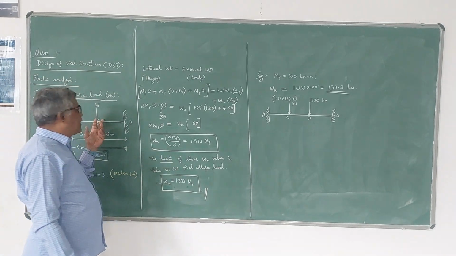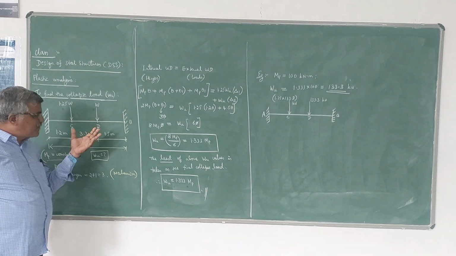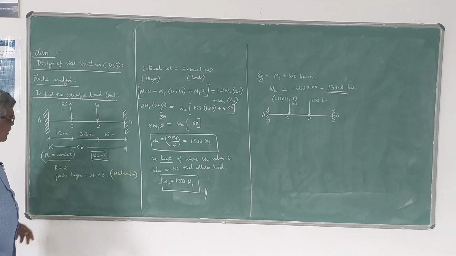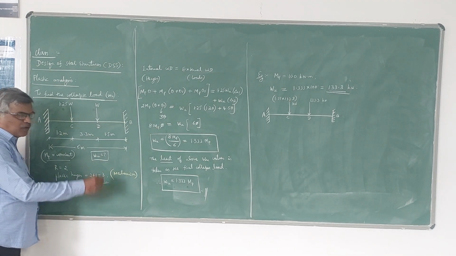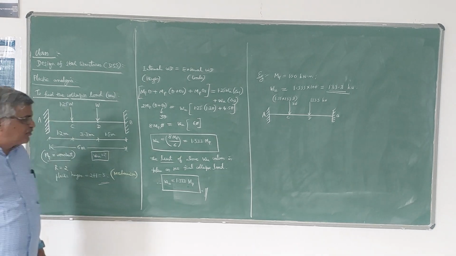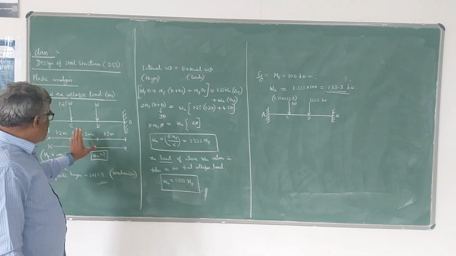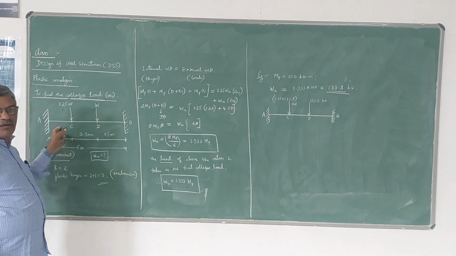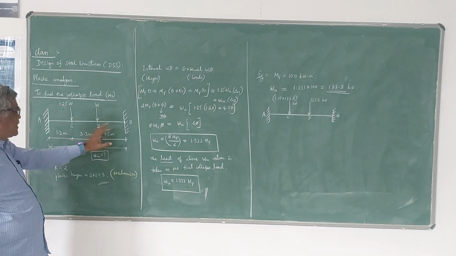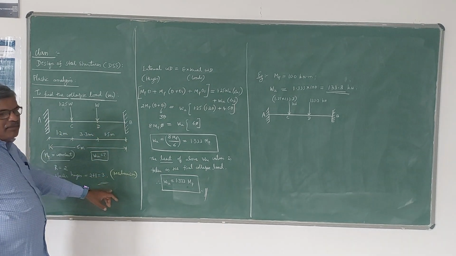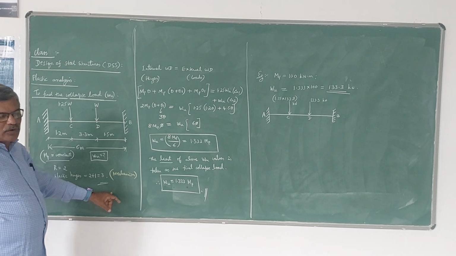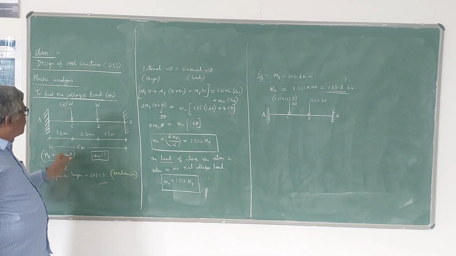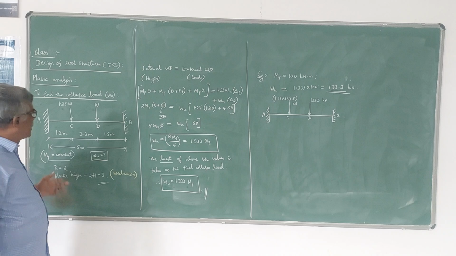If two concentrated loads are given, if it is a fixed beam, then naturally 3 plastic hinges will be there, 2 plus 1, as the end hinges are 2 in a fixed beam. Since there is a possibility of formation of 4 plastic hinges, only 3 plastic hinges are enough to have the mechanism. So we have to consider 2 cases here.